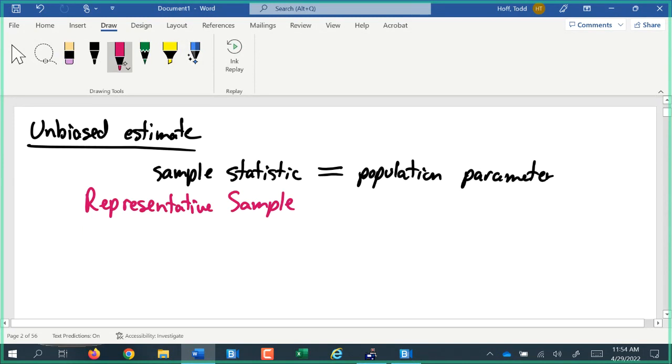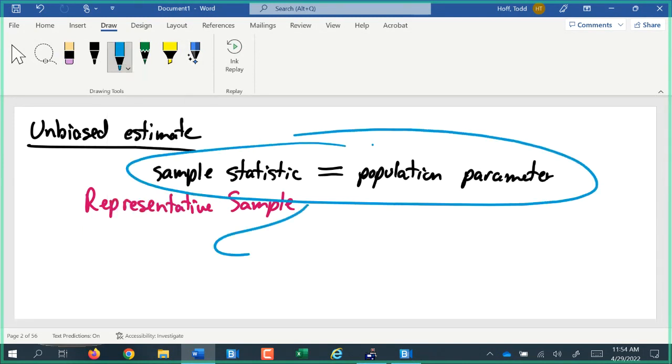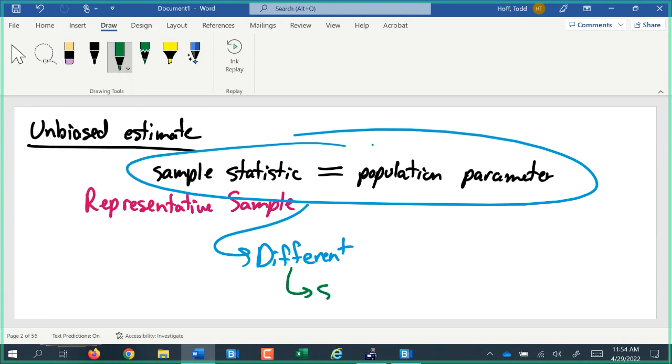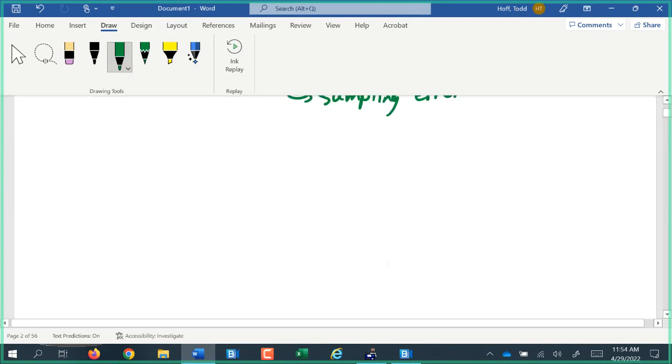The difference, if these are different, creates what we often refer to as sampling error. We have poorly chosen our sample so that the sample is not representative, or we've introduced that bias into that sample.